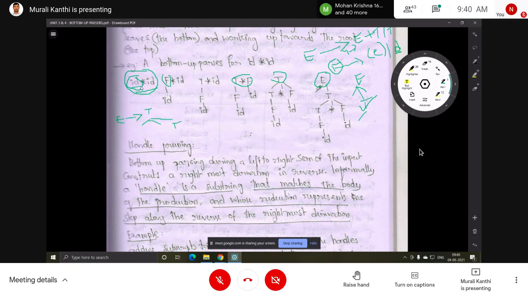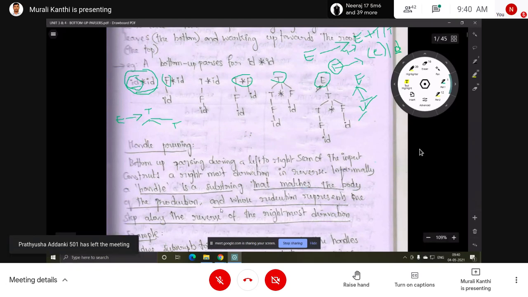A handle is a substring, a part of the main string, that matches the body of a production, and whose reduction represents a step along the reverse of the rightmost derivation.